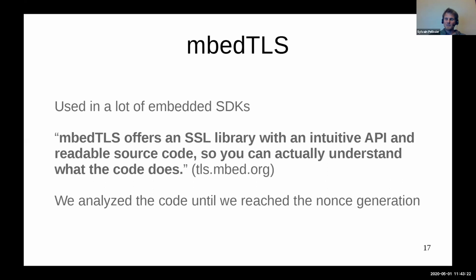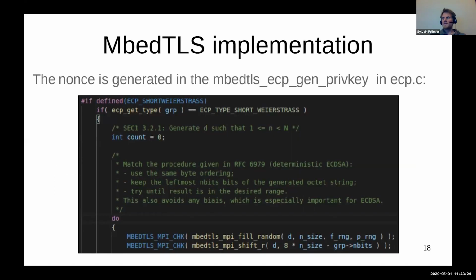So we went into the code and figured out that the nonce is generated in the ecp_gen_privkey function in the ecp.c file. This function calls the mpi_fill_random function, which then calls the hardware random number generator or software random number generator, depending on the target you have.